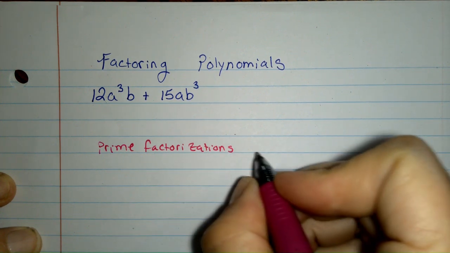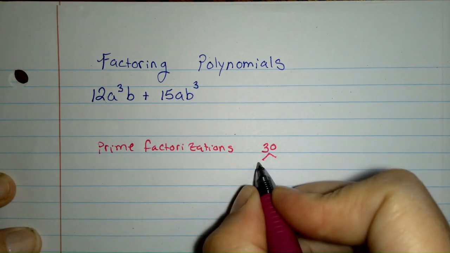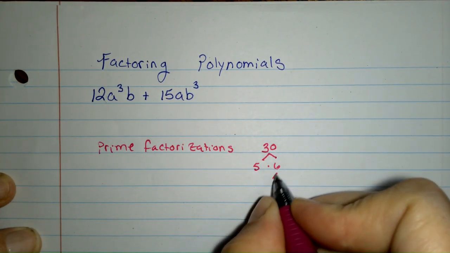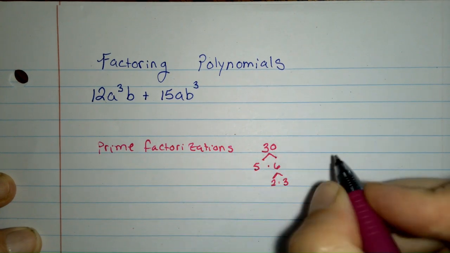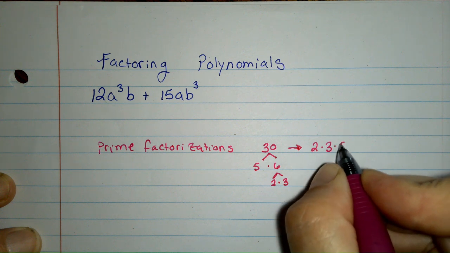And let's say your number was 30. You would go, well, 30 is 5 times 6, and 6 is 2 times 3. So the prime factorization of 30 is 2 times 3 times 5.